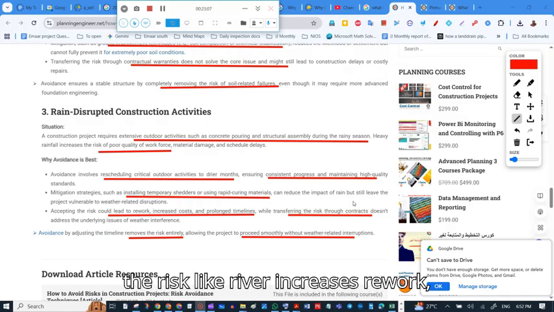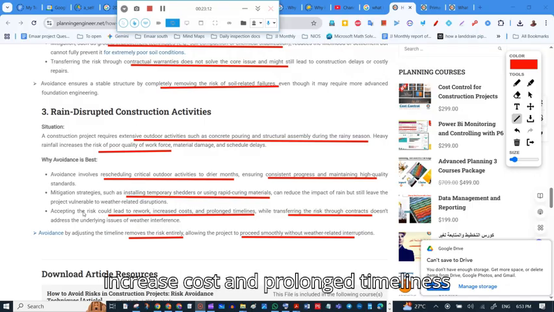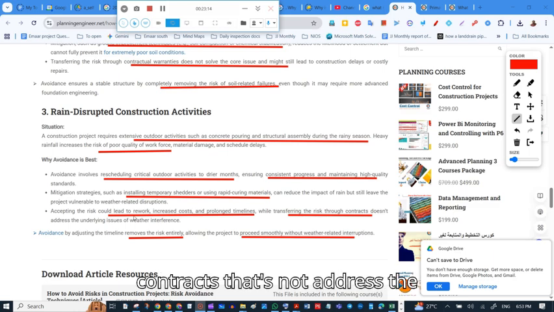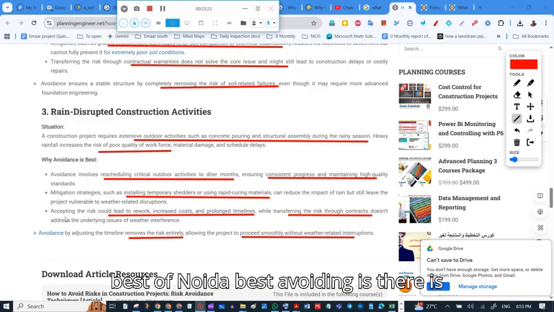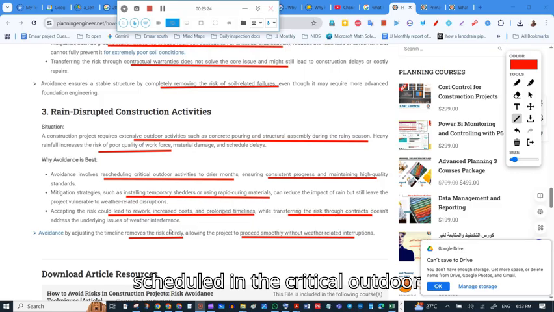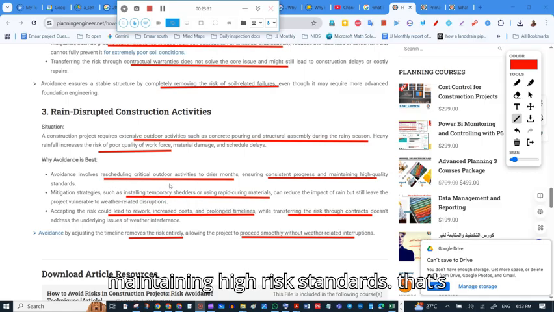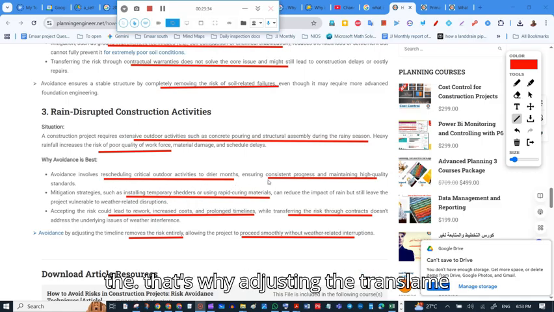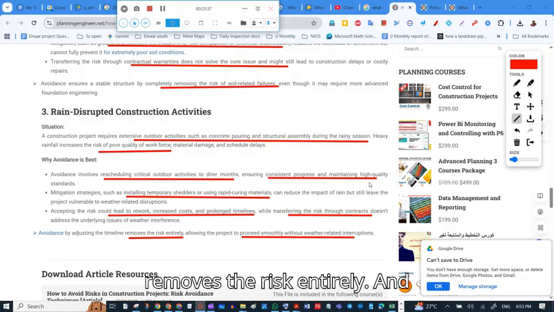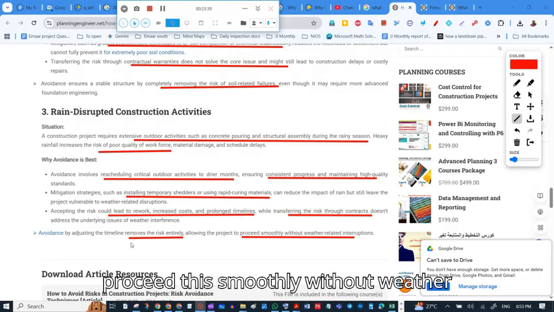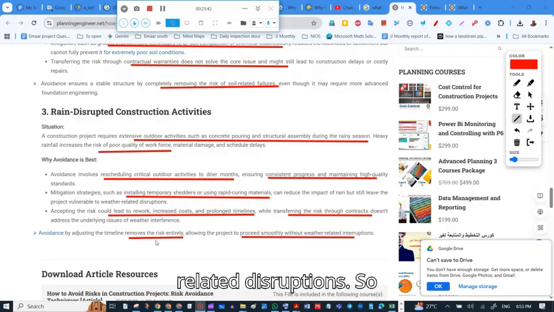Accepting the risk means rework, increased cost and prolonged timelines, and transferring the risk through contracts does not address the underlying issue of weather interference. So the best avoidance is rescheduling the critical outdoor activities to drier months, ensuring consistent progress and maintaining high quality standards. Adjusting the time frame removes the risk entirely, and work proceeds smoothly without weather-related disruptions.